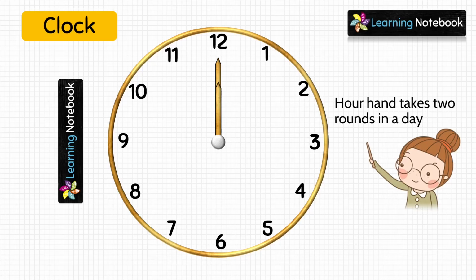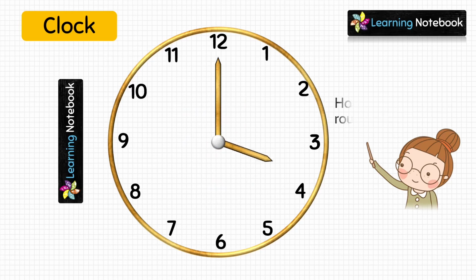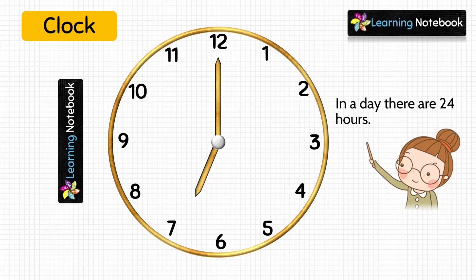Next important point to learn is that the hour hand takes 2 rounds in a day. And we learned it takes 12 hours to complete one round. So this means in a day there are 24 hours.